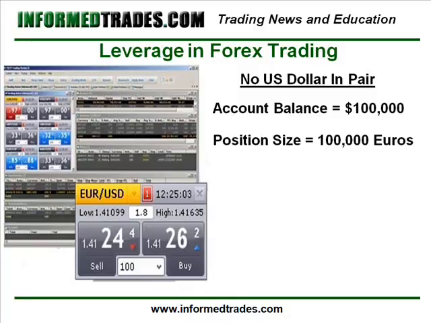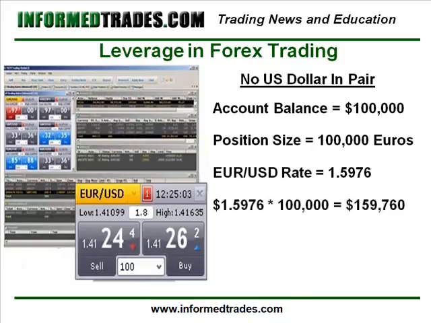We do this by taking the rate of the euro-US dollar currency pair, which again, as of this lesson, is trading at 1.5976, and multiply this by our position size of 100,000 euros. We then take the result of this calculation, 159,760, and divide it by our account balance of 100,000, which gives us a leverage ratio of 1.6 to 1.